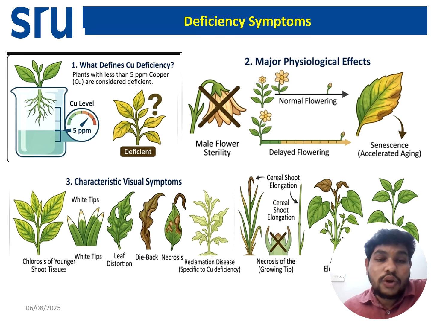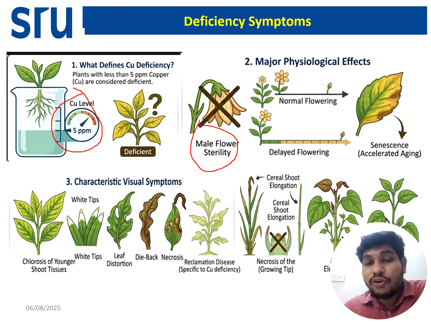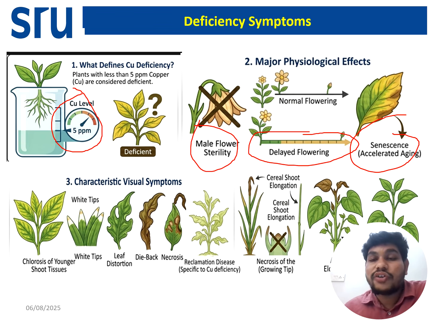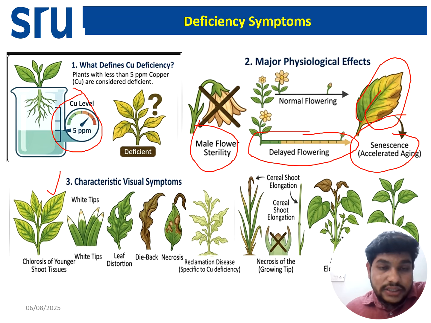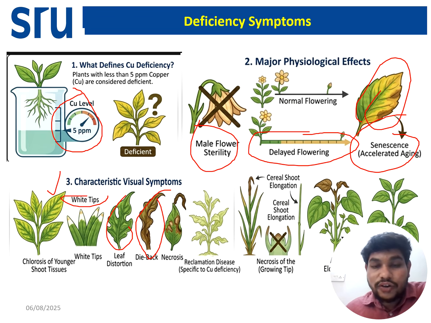So deficiency mostly occurs when the copper content is less than 5 ppm. Male sterility will occur, delay in flowering, then senescence. This is the aging of the plant, that is called shedding. Then interveinal chlorosis, then white tip, then dieback, distortion of leaves, then necrosis.